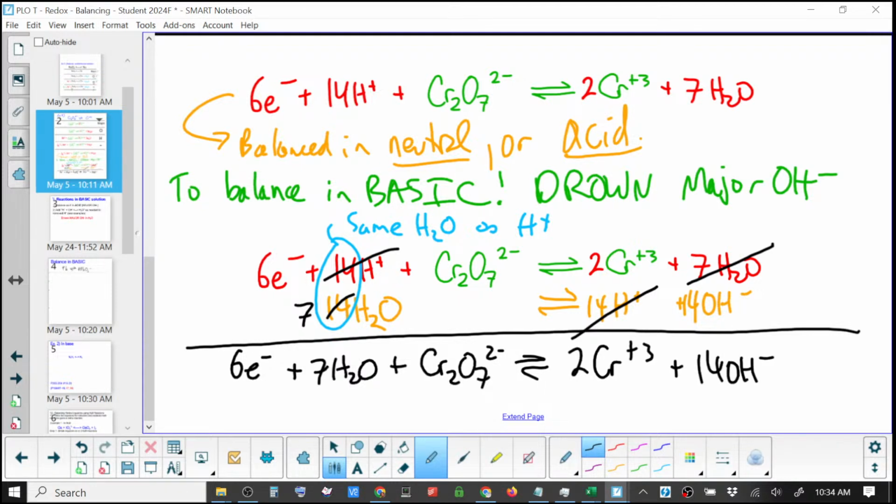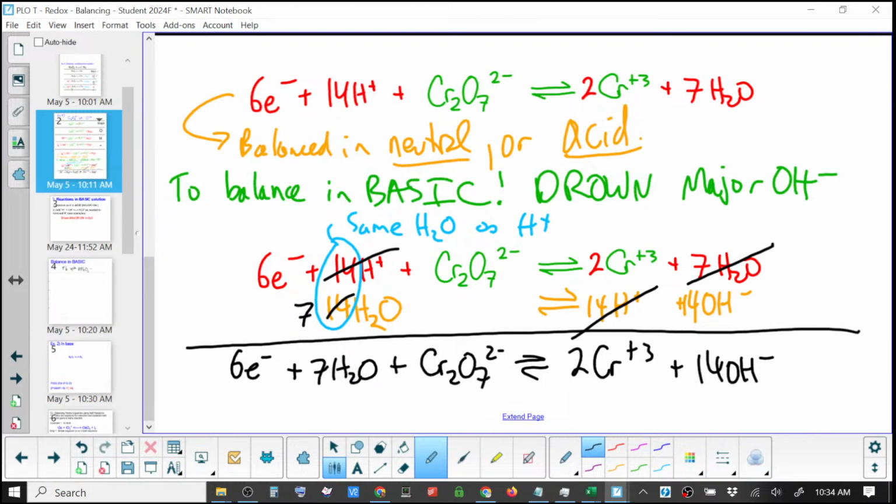This maintains the charge balancing you did with the electrons, because you count this up. This is minus 8. And with 2 Cr 3+, so that's 6, plus 14 OH minuses, so 14 negatives and 6 positives is also minus 8. So it's all stayed there.